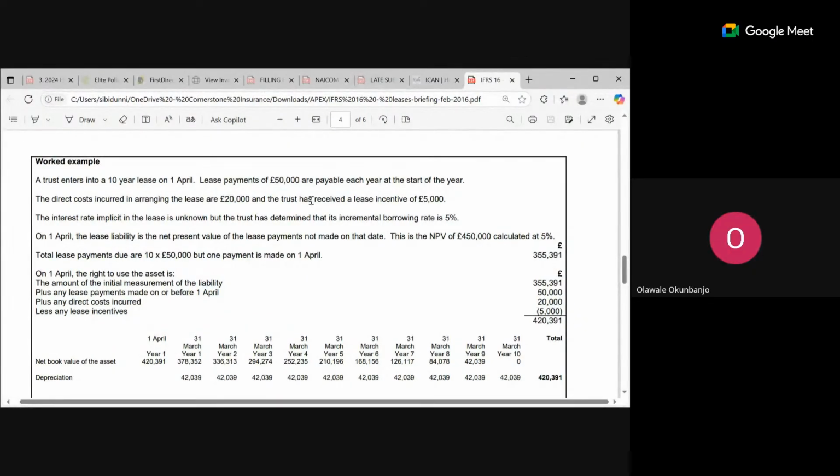But what I think is that we first need to calculate the present value of the future instalment payments on this lease, which is at the rate of 50,000 pounds for 9 years. The present value of that using the annuity of 5% will give us 355,391.